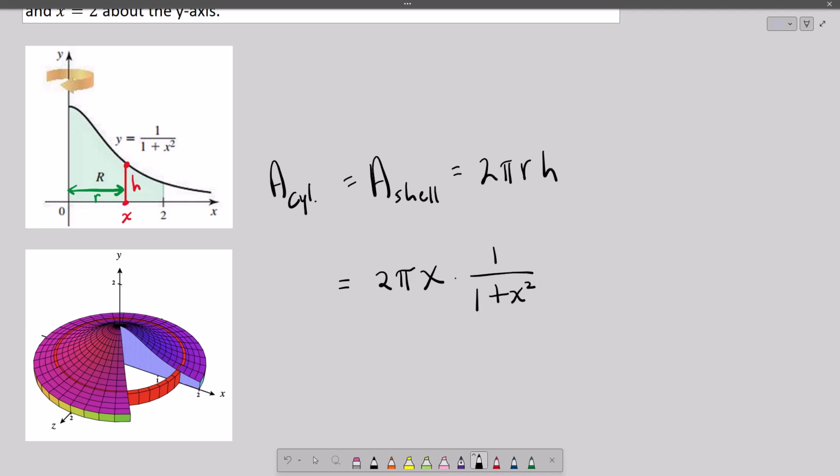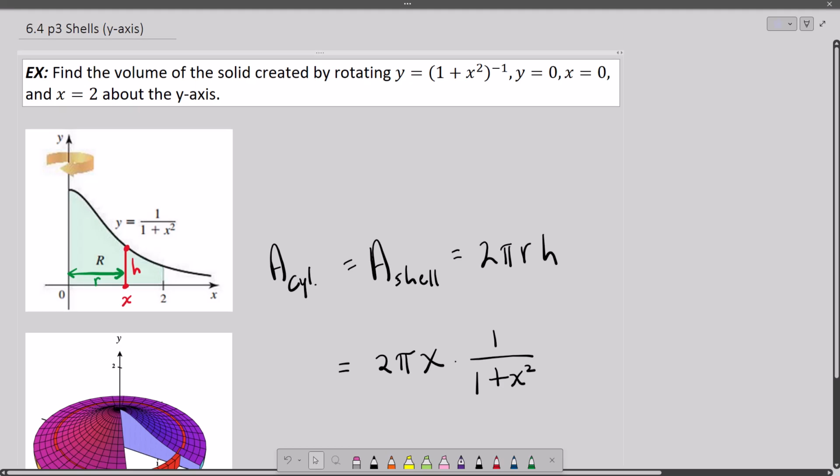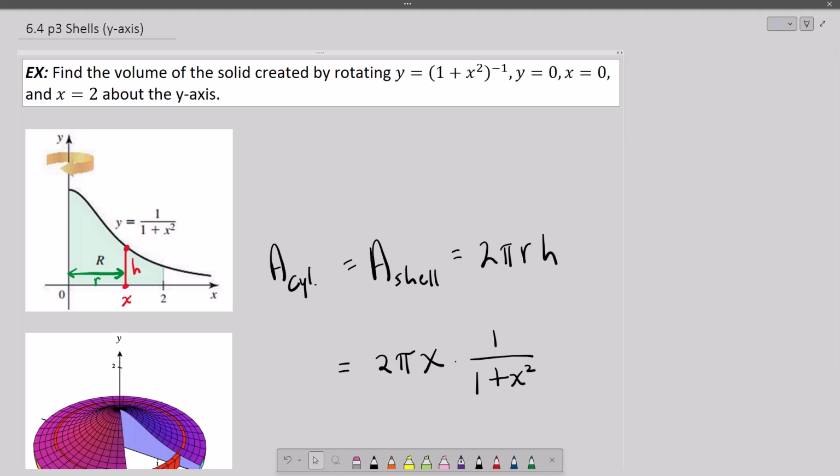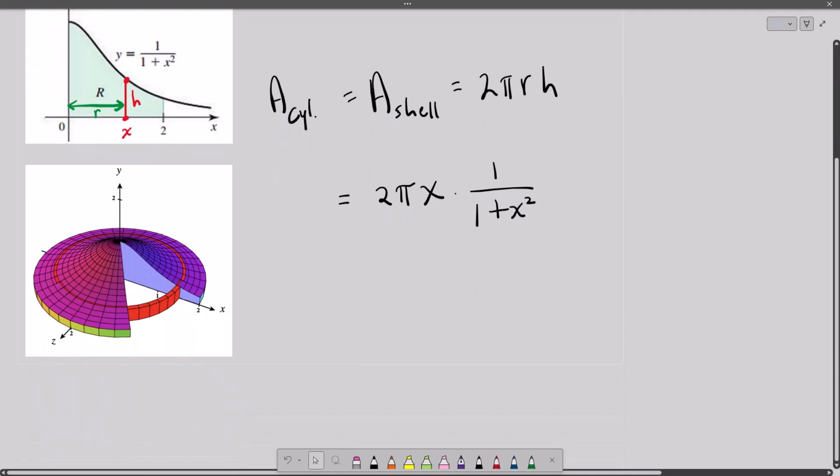So now we have the area of the cylinder at x. If you look at the formula we had on the other page, it said 2 pi x. That's why there's an x, because the x is the radius when we draw a representative rectangle. If we simplify this a little bit, we're going to have pi.